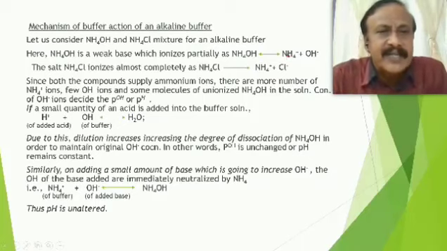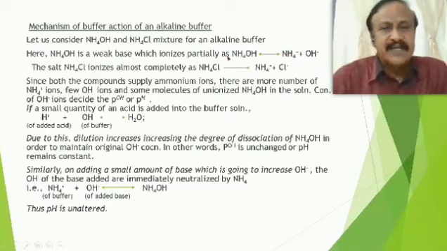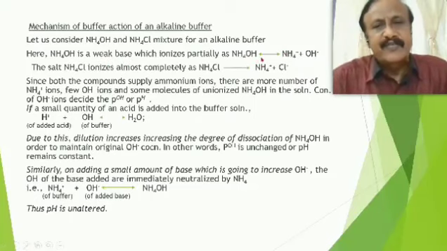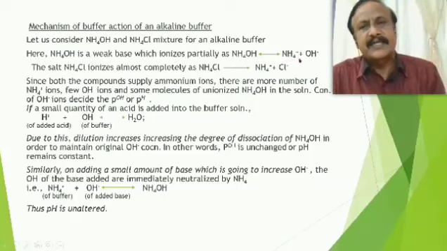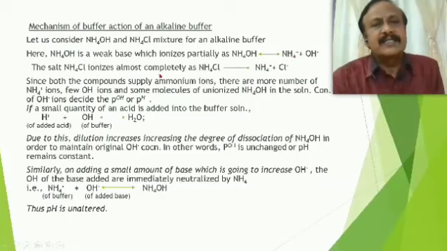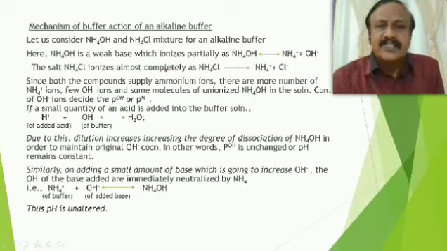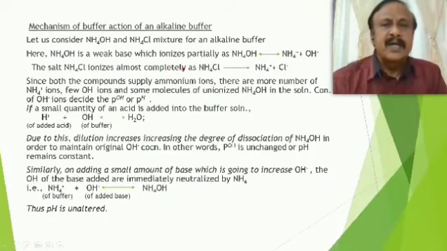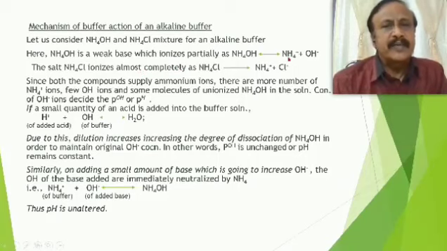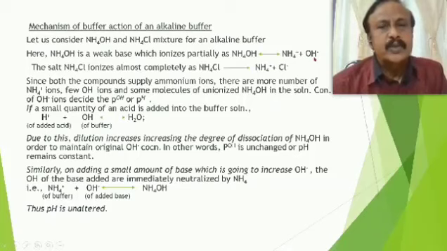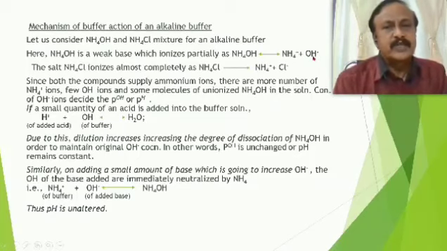Now, to explain the mechanism, again, ammonium hydroxide is a weak base which ionizes partially, NH4OH forming NH4 plus ions and OH minus ions. Since partial ionization takes place in the solution, there are few ammonium ions and few OH minus ions. Here we have to look into the concentration of OH minus to discuss.